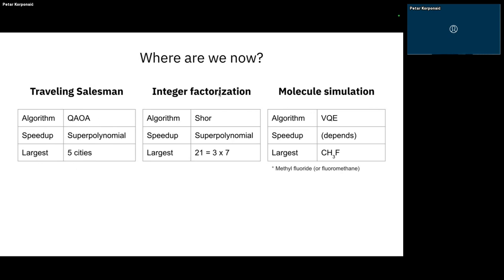Now, integer factorization. Integer factorization is about breaking encryption, because encryption is based on integer factorization. That is, for a given integer number, find which two prime numbers multiply to get the given number.